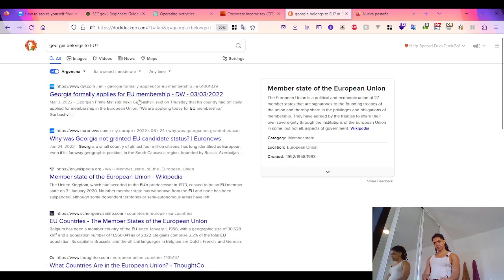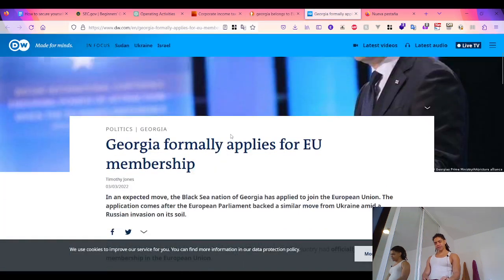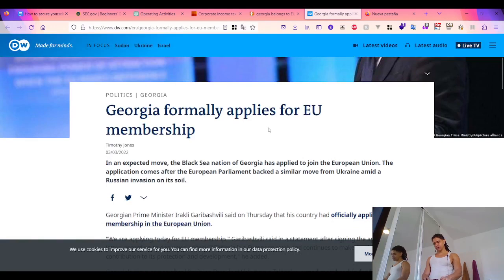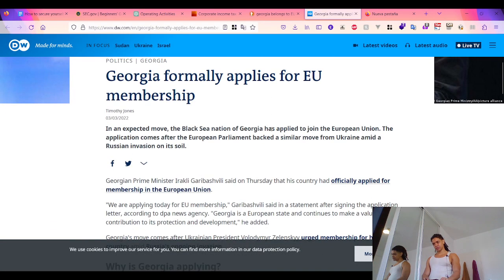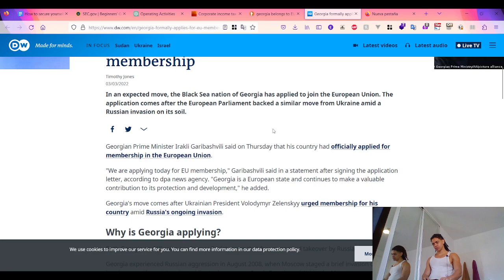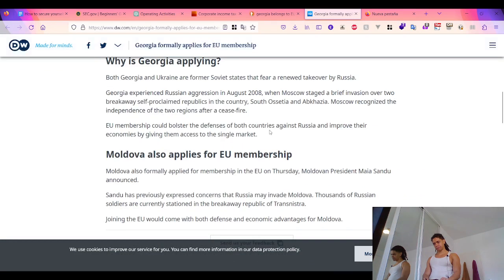Formally applied for European membership. Oh, holy shit! This is fairly recent. Georgia formally applied for European membership. But this is last year.